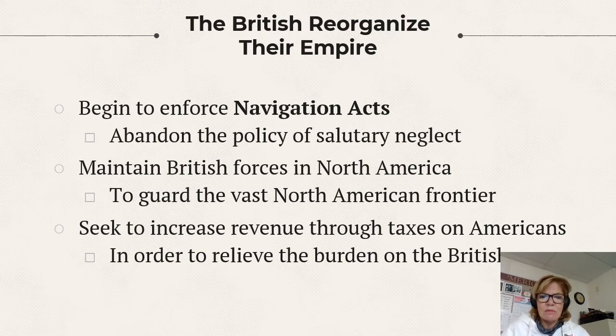So it seemed as if they were oppressing the British instead of protecting them. Also, they're seeking to get money out of the colonists by increasing taxes, right? They wanted to lift the burden off of the British citizens who had been paying for the war.